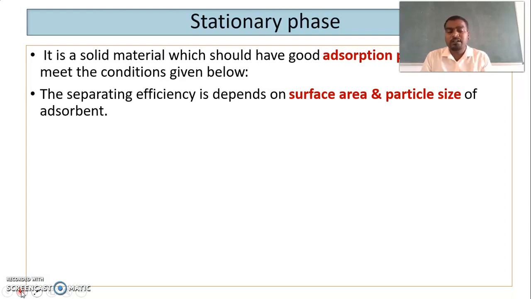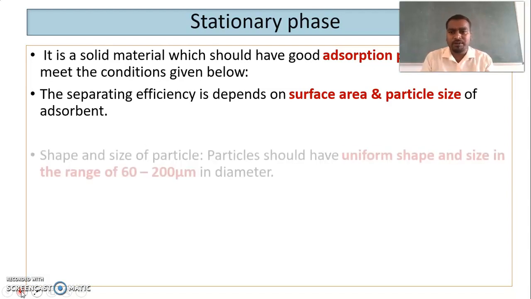These two factors affect adsorption: particle size and surface area. If surface area is more and particle size is less, it enhances the separation and increases the resolution of the chromatographic technique. So this is the condition we use to select a stationary phase.